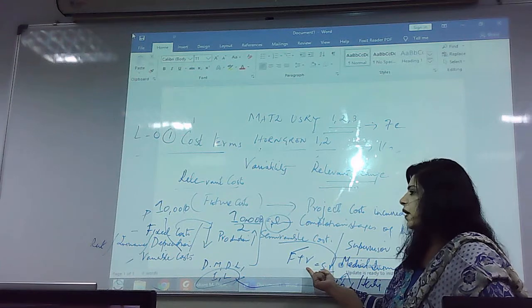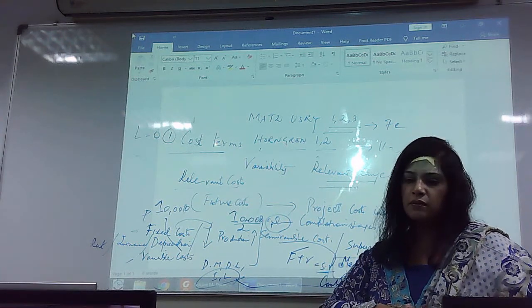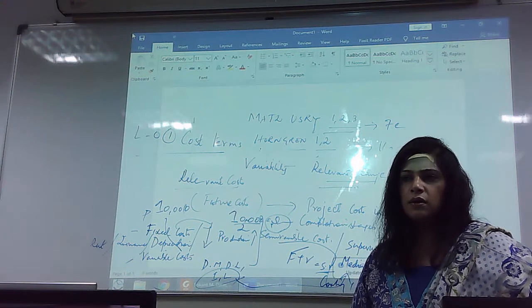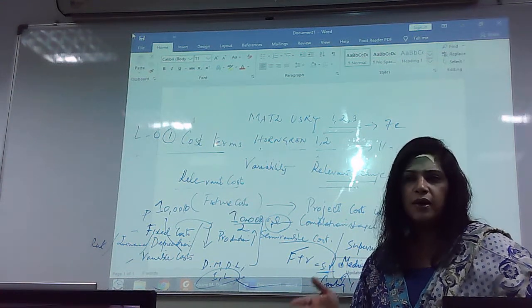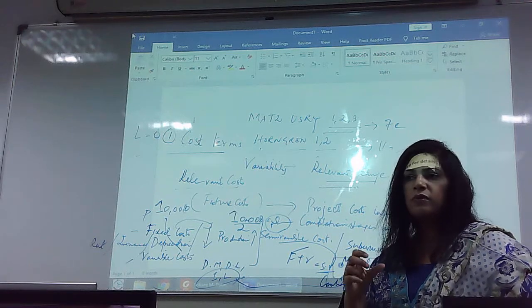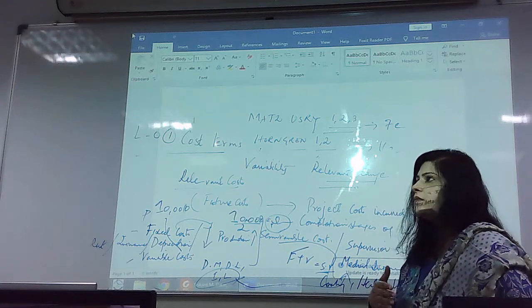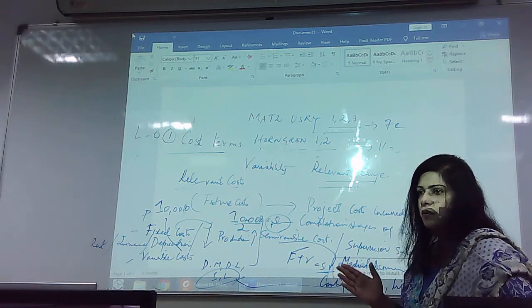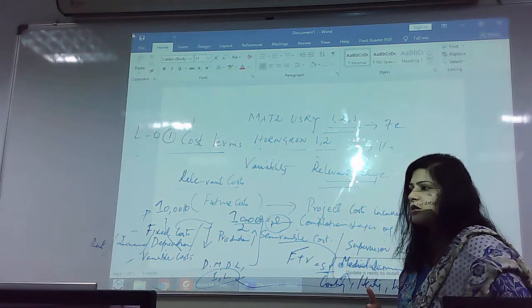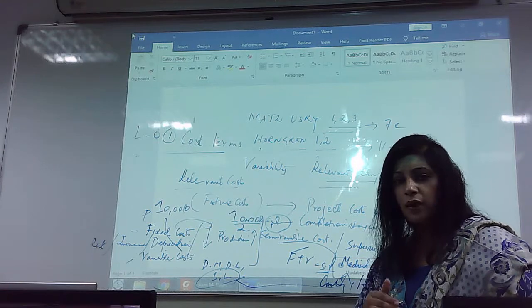The other portion is variable because you will switch on the plant for as long as that particular car make is under production. If the manufacturing process continues, then the plant will be active, the facility will be running.